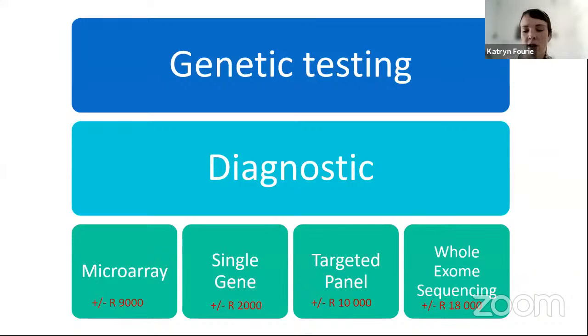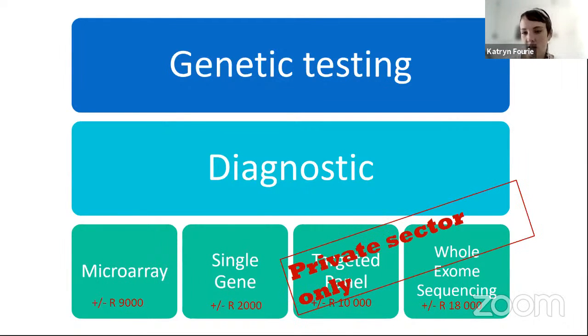And also, just to clarify, that more or less 18,000 for a whole exome is for your patient only. But ideally, what you would like to do is do a patient with their parents, which then obviously becomes much more expensive again. So again, not surprisingly, not all of this is available to our public state patients.